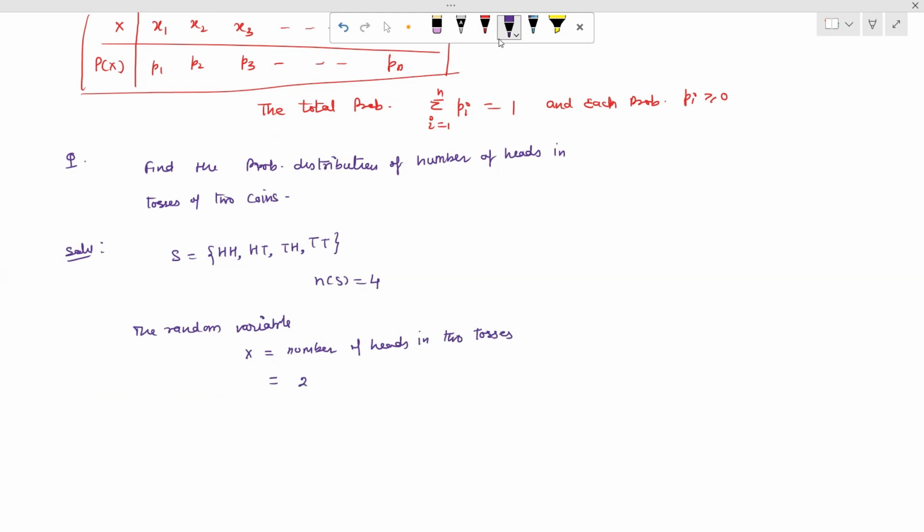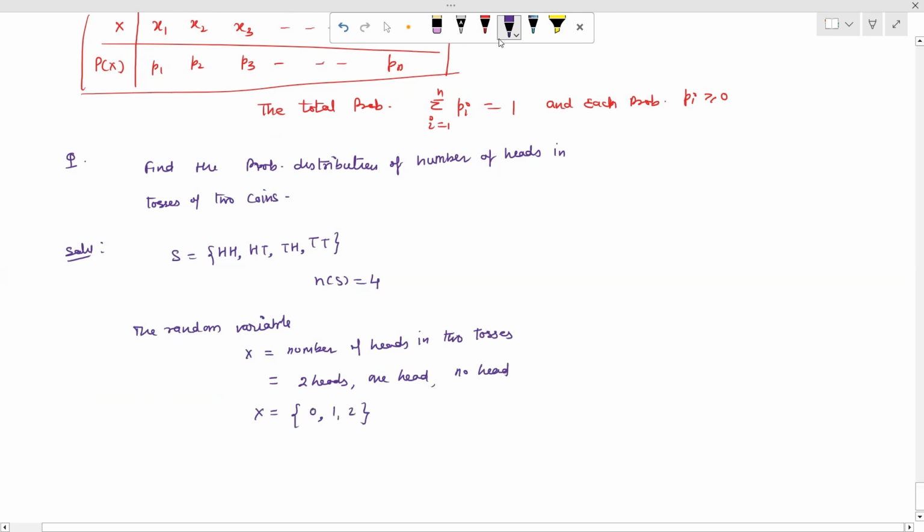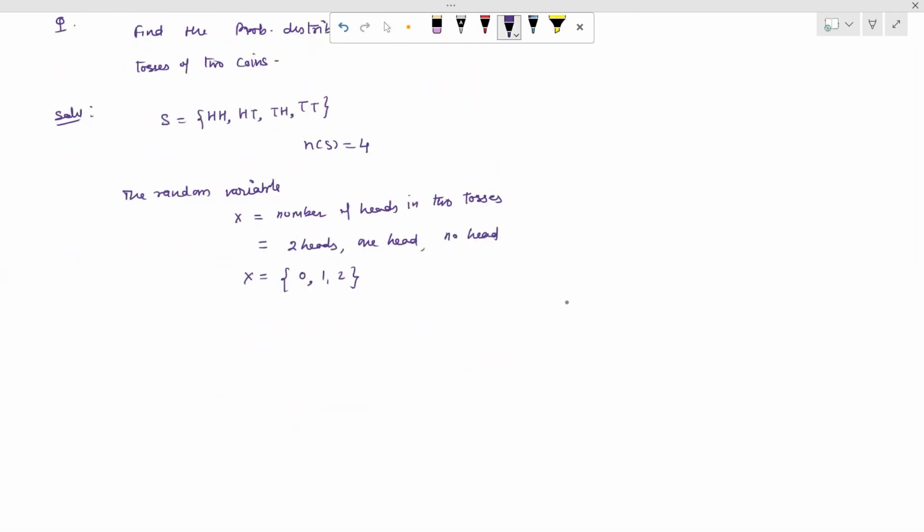Two heads are possible, one head is possible, and no head is possible, that means both are tail. So the possible values of the random variable are 0 head, 1 head, or 2 heads. So we have three real values. The possible values of X are 0, 1, and 2.